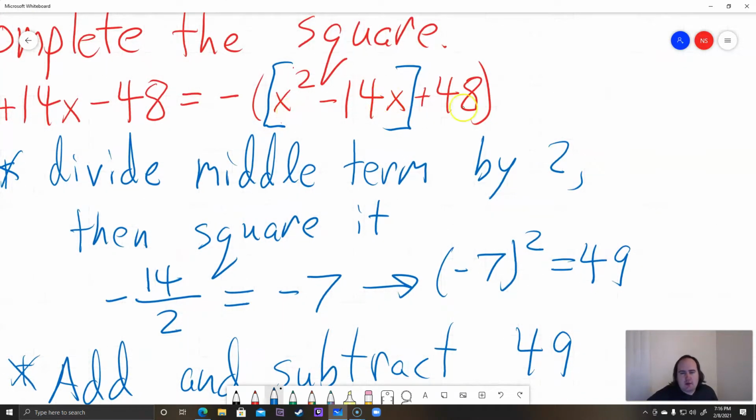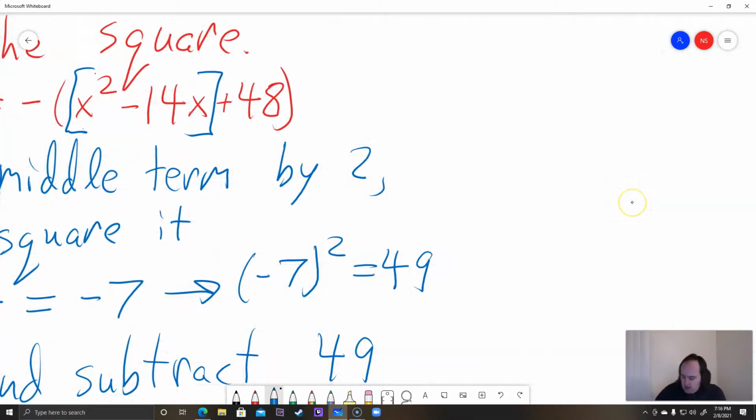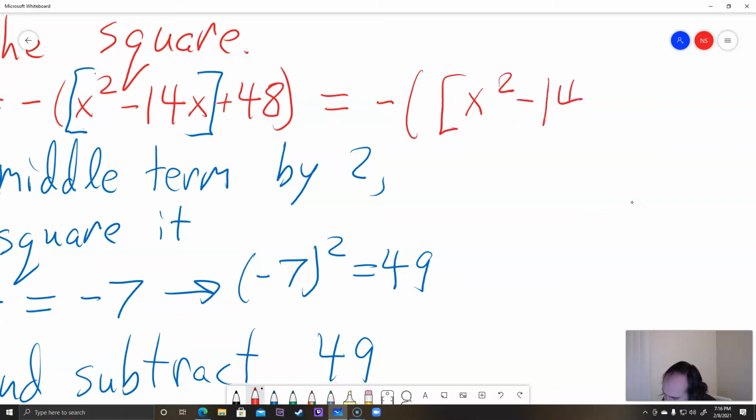Okay, so here we still have a minus out front. And then we've got the x squared minus 14x. And on the inside there, we want to add 49. Okay, so we're going to add 49.